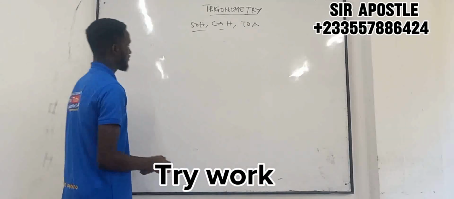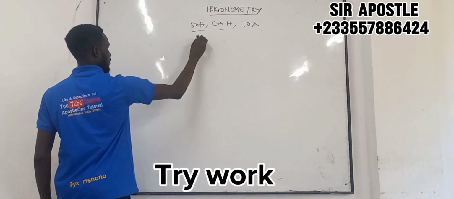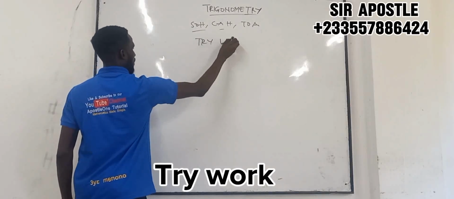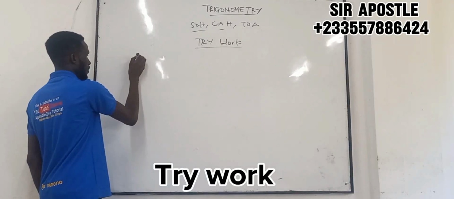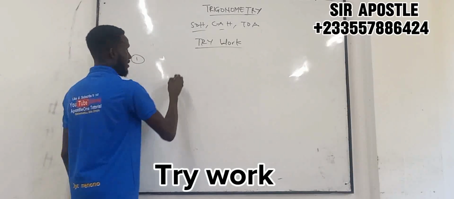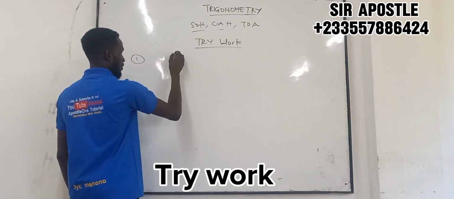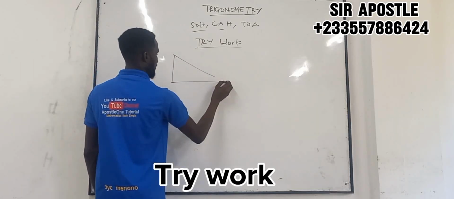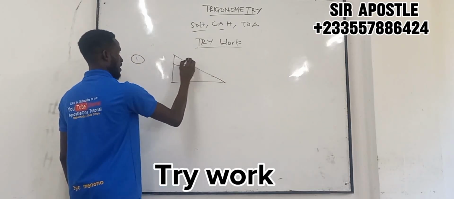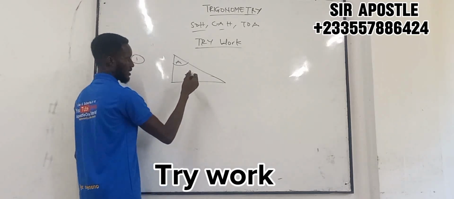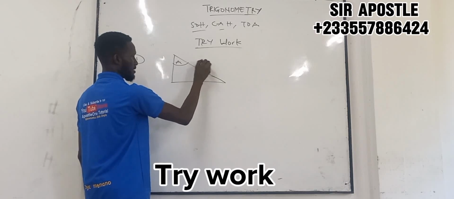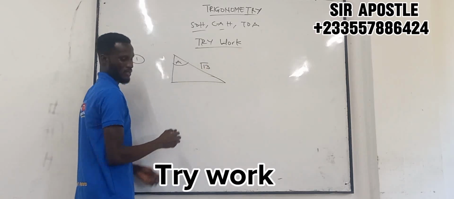Now question 1. We have a diagram like this. This angle is A. The hypotenuse here is root 18.